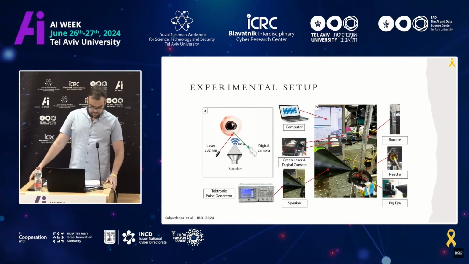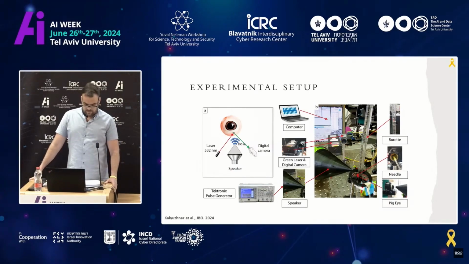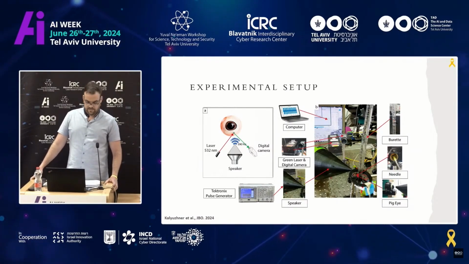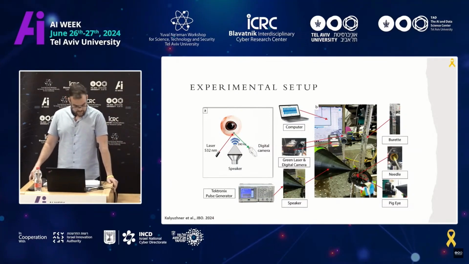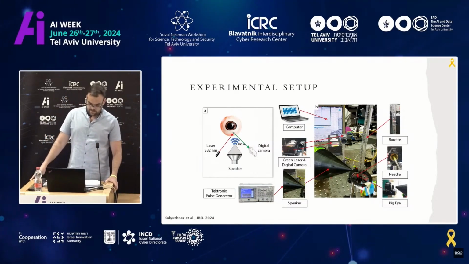The experimental setup involves several key components to ensure precise measurement of IOP through speckle pattern analysis. The optically based monitoring device was positioned around 35 centimeters from the pig eye, that is our subject. We use a continuous wave green laser with a maximum power output of 300 milliwatts. The laser was carefully directed to cover a 3 millimeter diameter area on the sclera adjacent to the pupil.